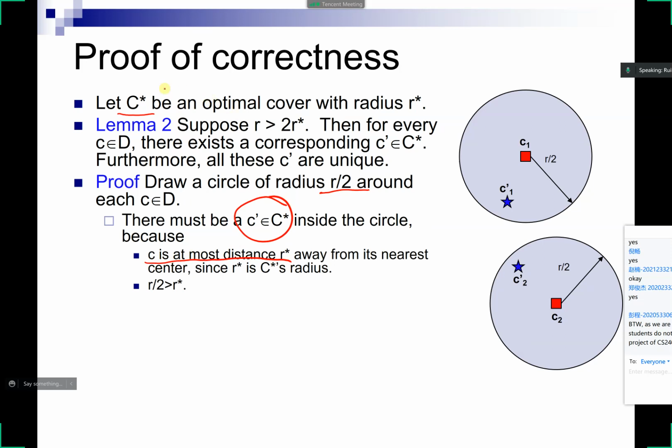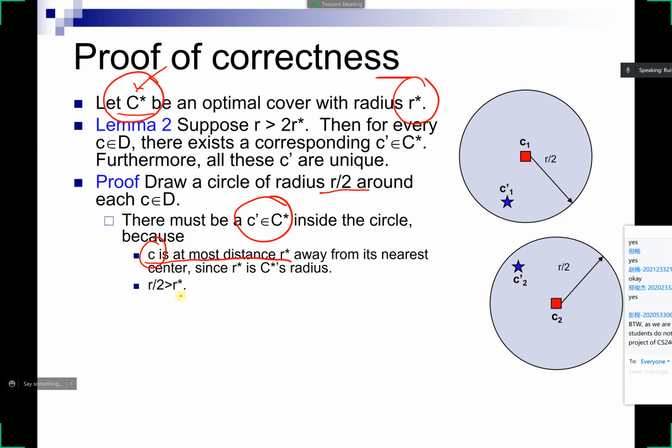So we have this optimal cover over here, and it's got a radius of r star, and what that means is that every site has to be within distance r star from some of these centers in C star. So in particular, our center C can be at most distance r star away from the nearest optimal center.